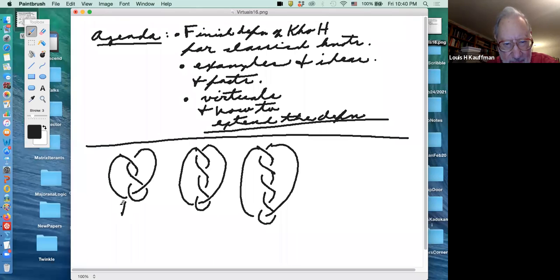I think that if we were to virtualize this crossing in this sequence of knots, then we would be good. We would have every one of these would be detected by the index polynomial, and probably the index polynomials are all different. But if that example doesn't work, similar examples do. I just don't remember my calculations right now. Does that help? That's an exercise anyway. You could see if that family satisfies your question.